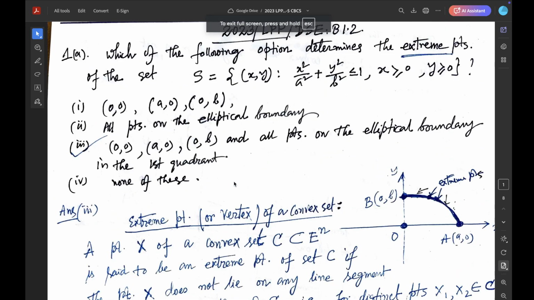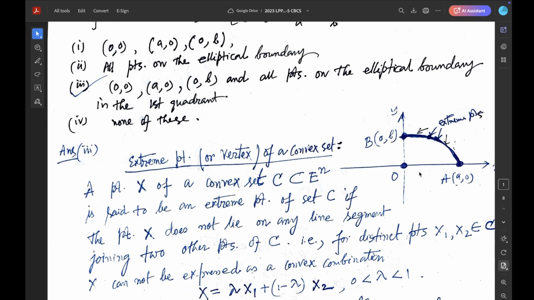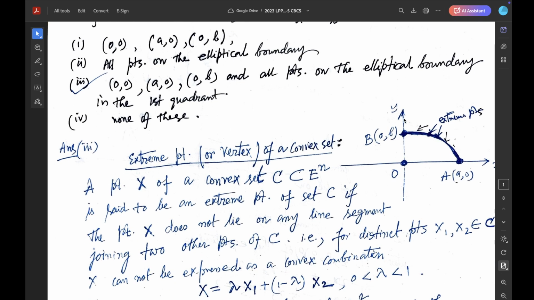Now, x squared by a squared plus y squared by b squared equal to 1 represents an ellipse with semi-major axis a and semi-minor axis b. We are interested only in the first quadrant because x greater than or equal to 0, y greater than or equal to 0. So we draw here the portion of the ellipse in the first quadrant only.